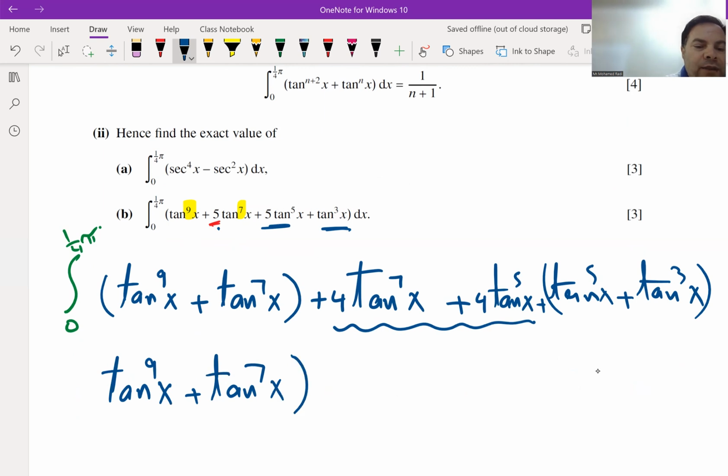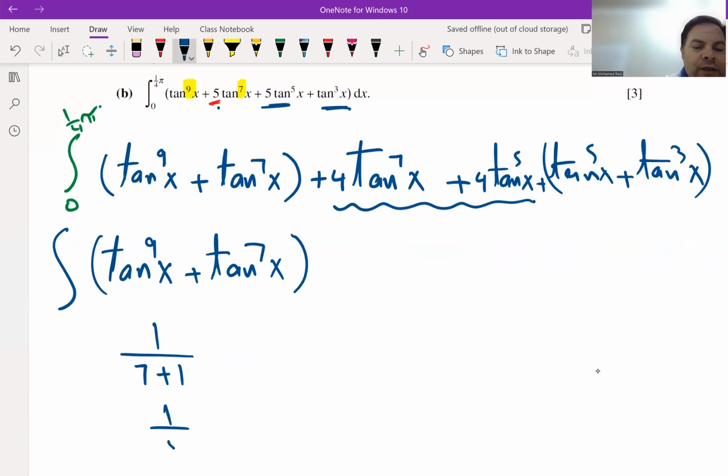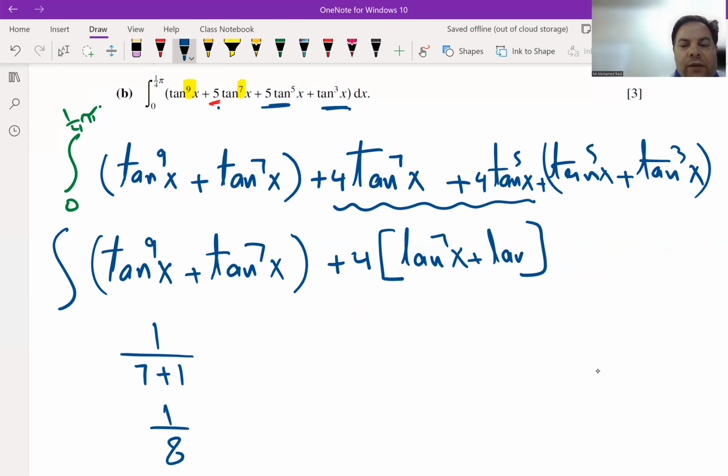This part, its integral will be 1 over n plus 1, where n now is 7. So this part is 1 over 8. Second part, after taking 4 outside as a common factor, will be tan to the power of 7x plus tan to the power of 5x.